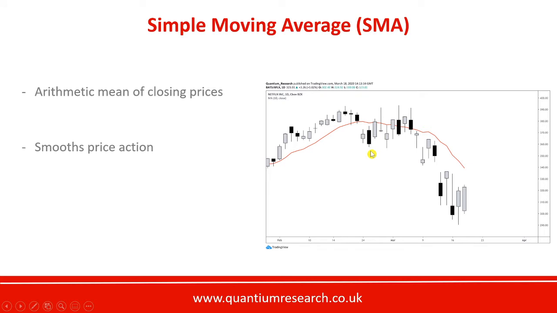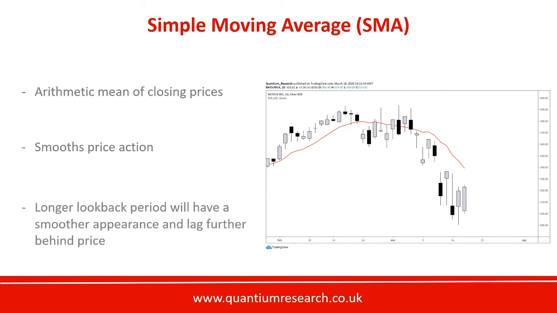If we could cut it into thirds, for example, the second part had a little bit of choppy sideways movement, but in the third part, the shares broke below this simple moving average, and you had an established downtrend in the shares from around $360 a share to roughly $300. And if you use a longer look back period, you'll have a smoother appearance of the graph, and you'll see a lag further behind price.